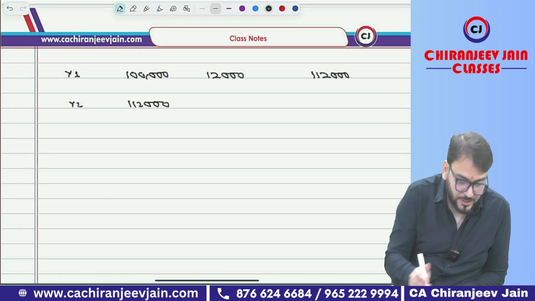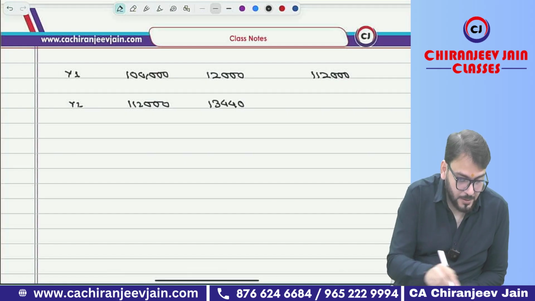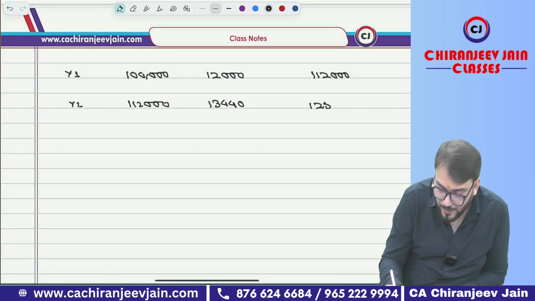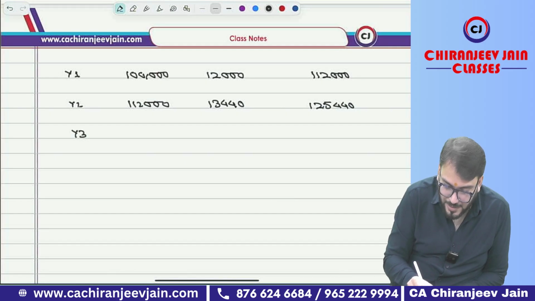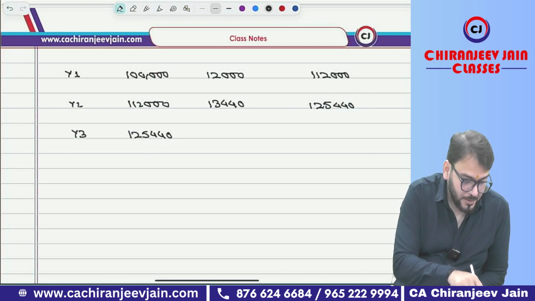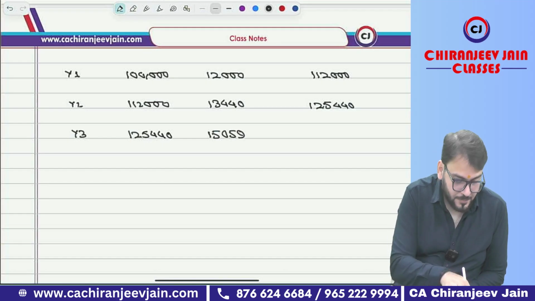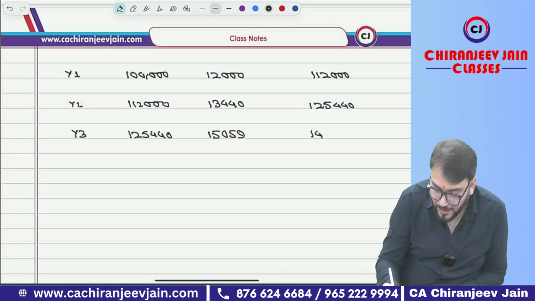Now once again 12%, it is 13,440. Then it becomes 1,25,440. Then year 3, 1,25,440 into 12%, it is 15,059.